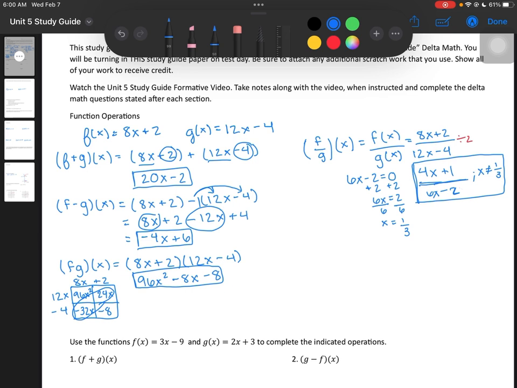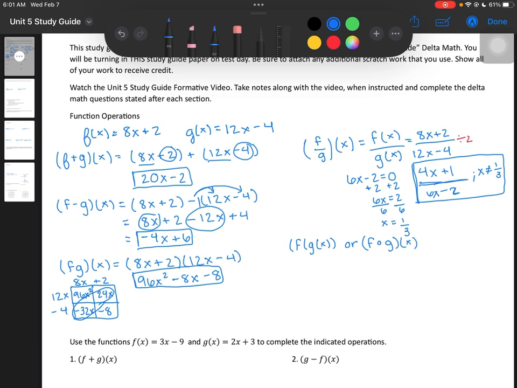Okay, so those are our 4 basic functions that we're used to using, but we did learn another one. So we learned a composition of functions. So when we have f of g of x, or you can see it this way, f of g of x, right? Either way.